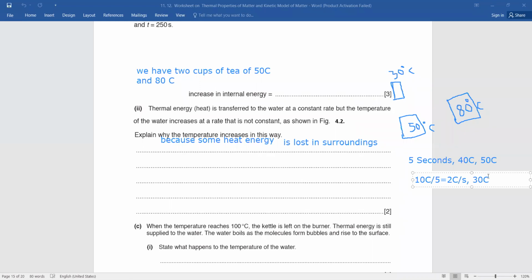And for the 30-degree one, dividing by 5 seconds, the way you find speed, 30 divided by 5 is 6 degrees Celsius per second. So which one is losing faster?